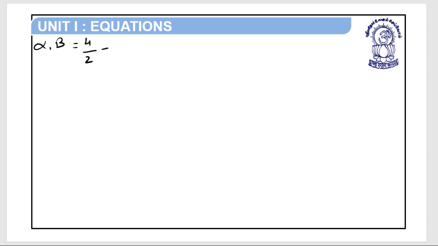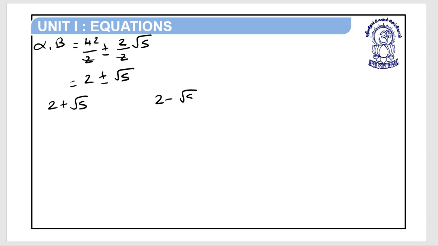So 4 by 2 plus or minus 2 by 2 root 5. 2 2s are 4, 2 2 cancel. So 2 plus or minus root 5. Here one is 2 plus root 5 and another is 2 minus root 5.